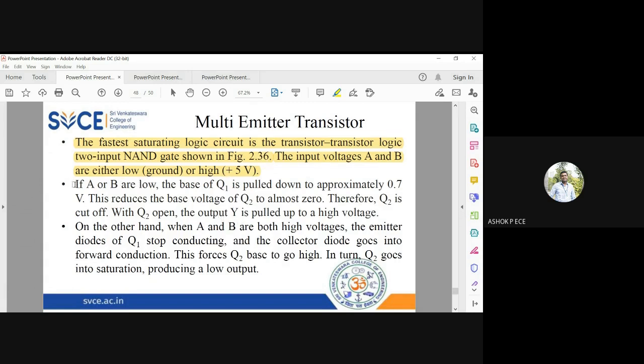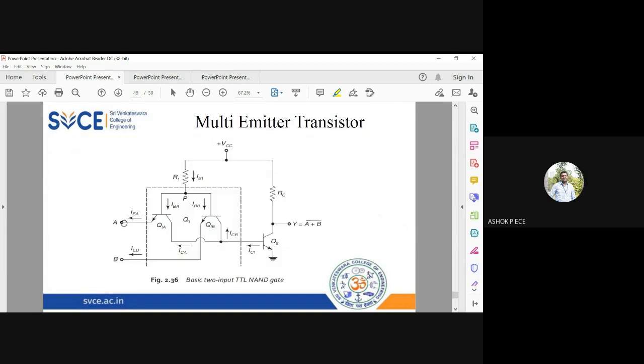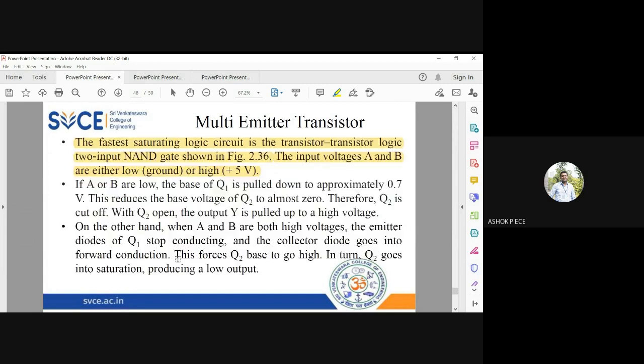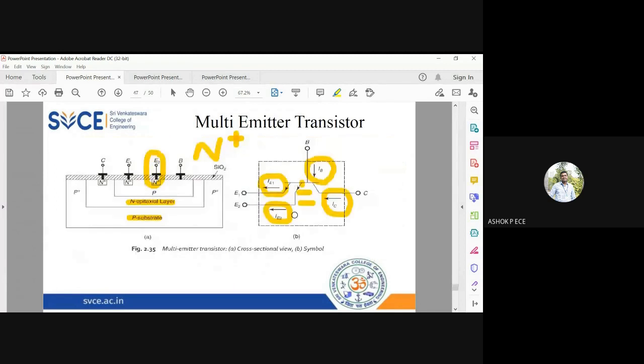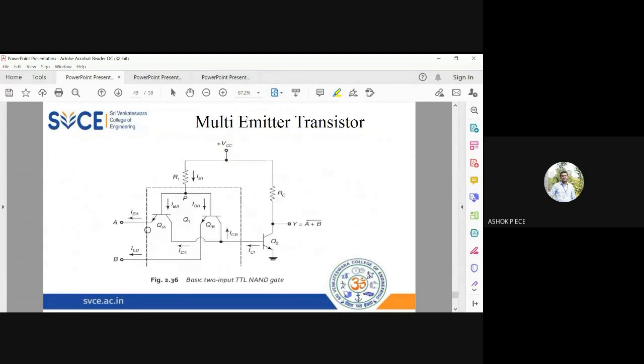So if A and B are low, assume A and B are grounded. Low means grounded, as given above. If A and B are low, the base of Q1 is pulled down to 0.7 volts. That reduces the base voltage of Q2 to almost 0. So I am giving 0 here. For a transistor to function, a minimum of 0.7 volt is required, right?